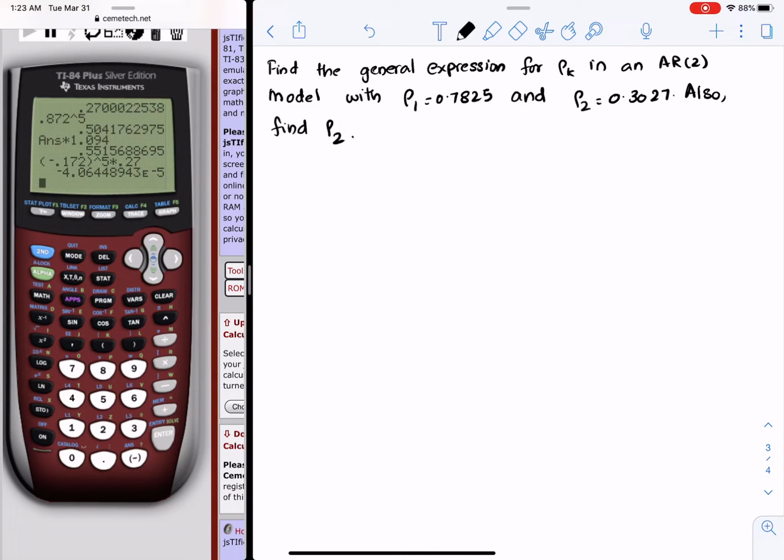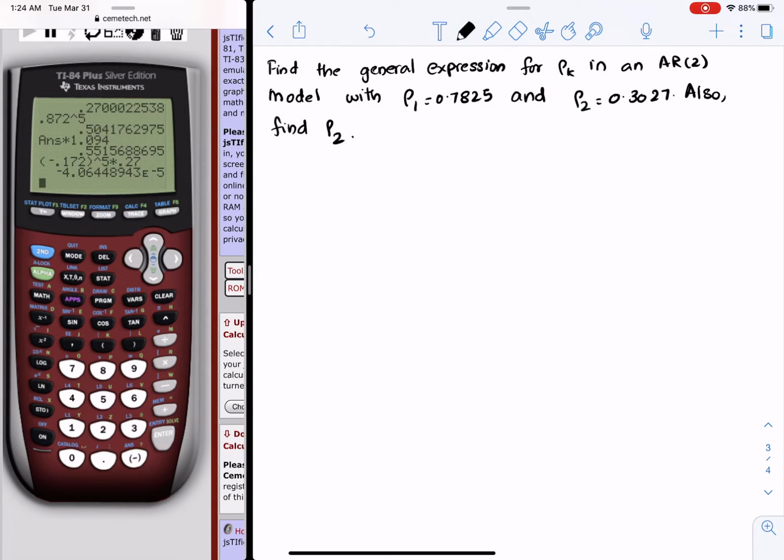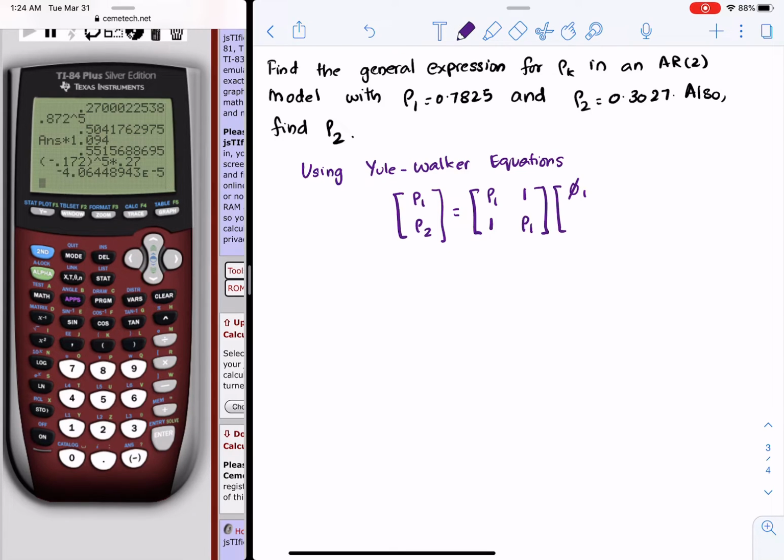So how do we find phi 1 and phi 2? We make use of the Yule-Walker equations. In matrix form, we would simply have rho 1, rho 2 equals the matrix 1, rho 1, rho 1, 1 times phi 1 and phi 2.